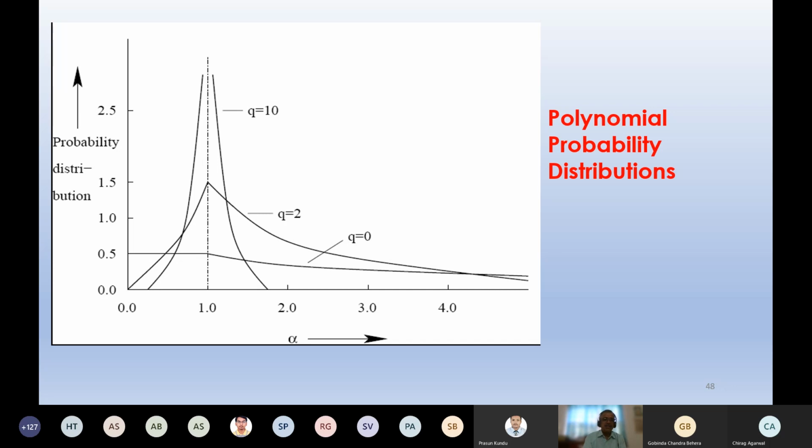By a steeper distribution denoted by the higher value for this particular Q, the children's solutions are bound to be very close to the parents. Are you getting my point? So if I take a very high value for Q, the children's solutions will be closer to the parents and you may not get the required diversification in the children's solutions.